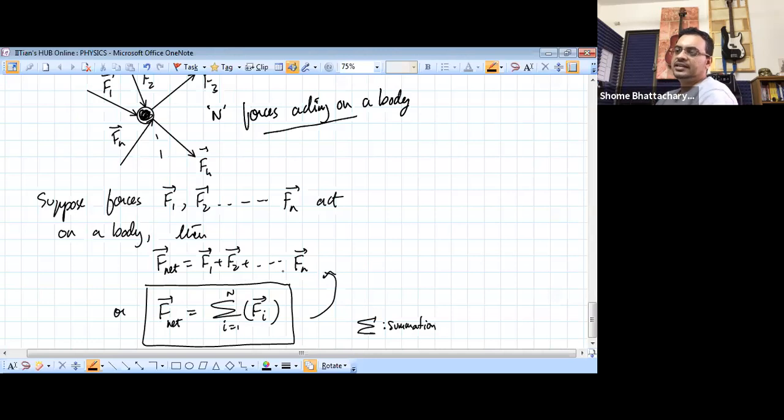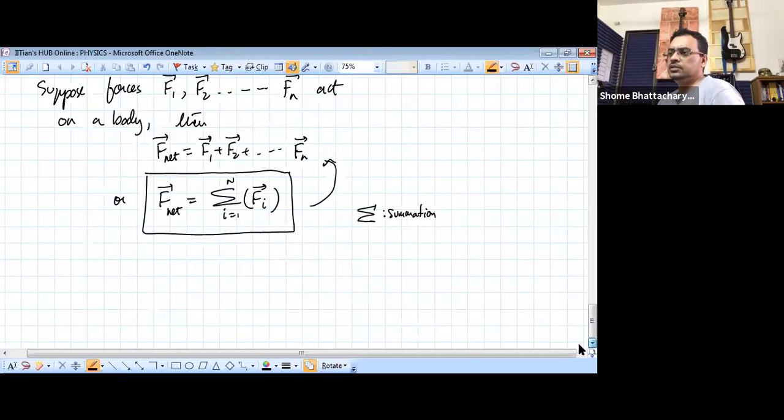So the index I is ranging between the lower limit, which is I equal to 1 in this case, to the upper limit, which is I equal to capital N. Okay, so that is about the net force. Don't worry, we'll be doing so many questions, you'll understand how to do this summation.